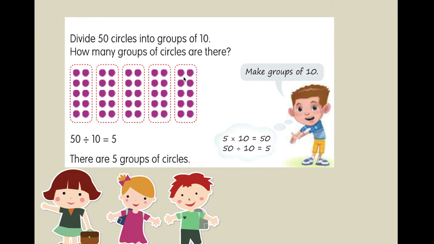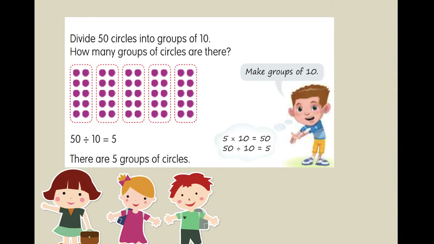So how many total circles you have? When they ask you total circles, you are going to sum up everything, like saying 5 times 10 equals 50. I told you when we have to do something totaling, we use multiplication.